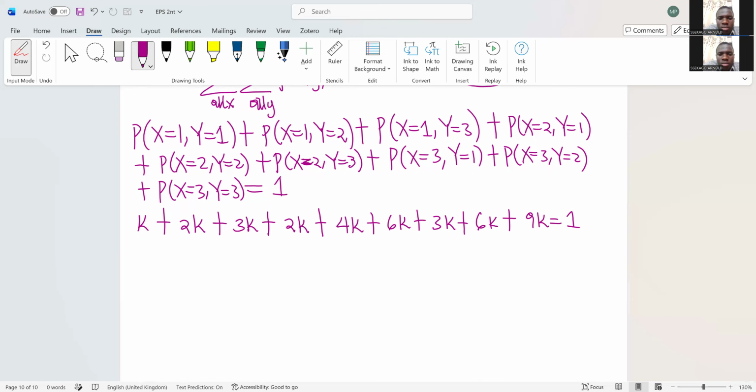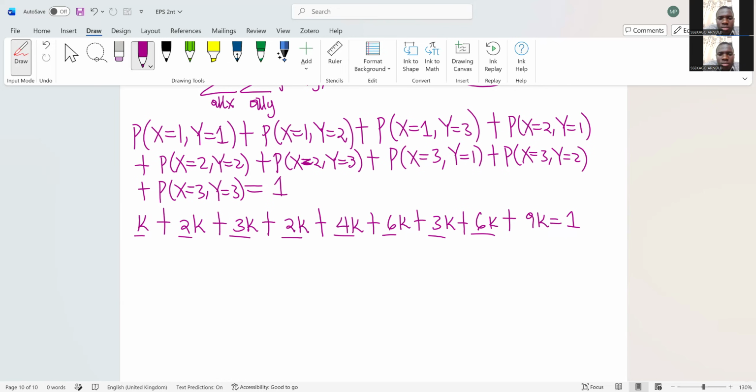Therefore, we sum: this is k plus 2k, that is 3k, plus 3k, that is 6k, plus 2k, that is 8k, plus 4k, that is 12k, plus 6k, that is 18k, plus 3k, 21k, plus 6k, 27k, then plus 9k, I think it is 36k.